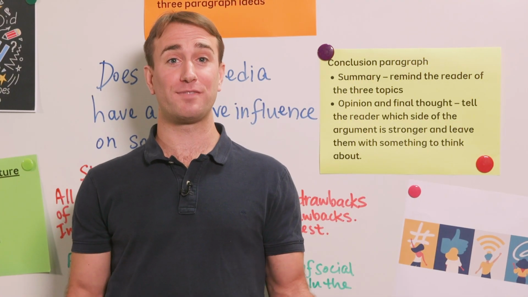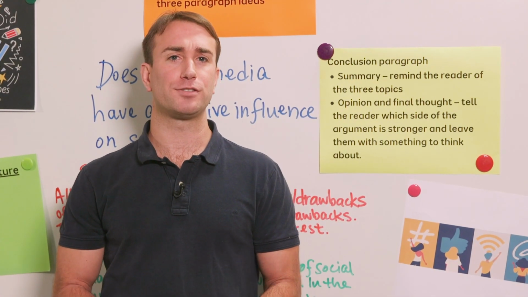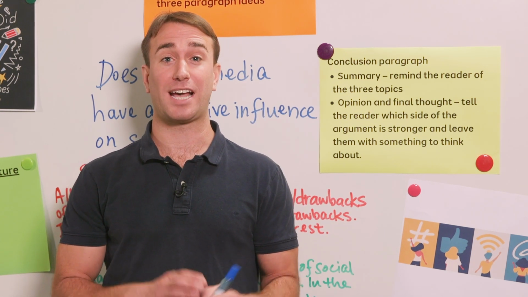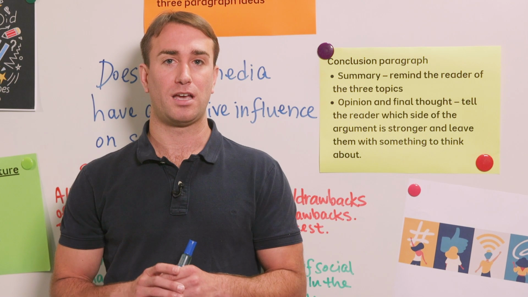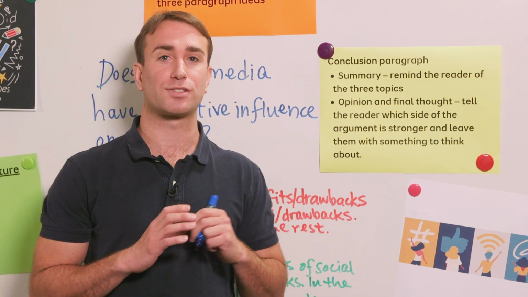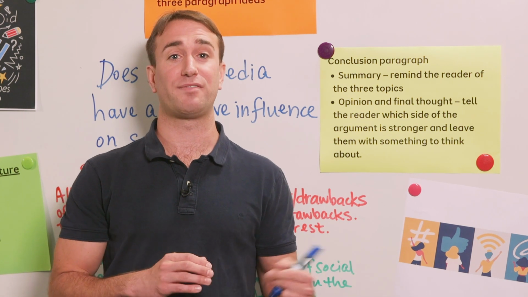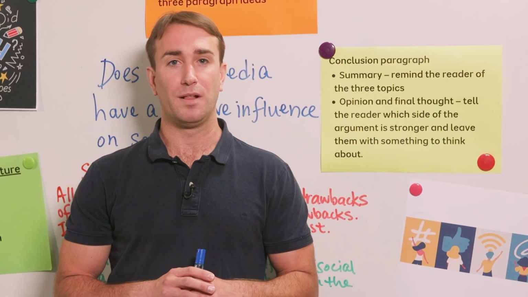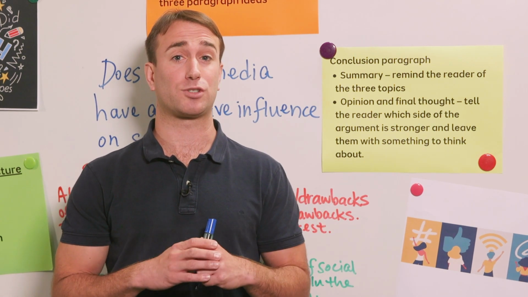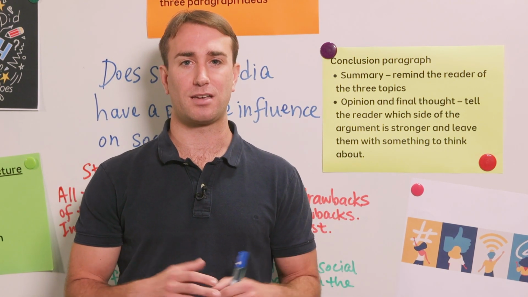Now, in terms of the opinion sentence, I chose the benefits of social media as being the stronger side because I had 2 points that support it. And I would write 2 paragraphs supporting the idea that social media has a positive influence on society. The opinion and final thought will tell the reader which side of the argument is stronger and leave them with something to think about.